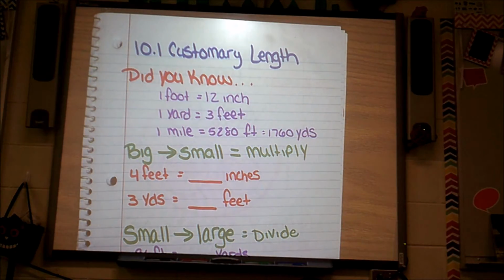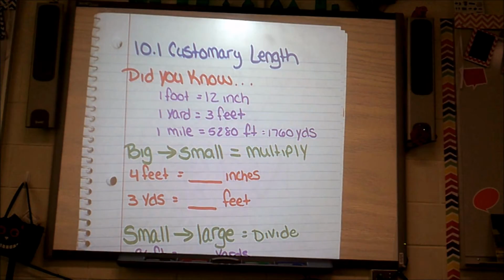In general, we have two forms of measurement. We have something called customary measurements, or customary units, and we have metric units. So in the United States, we use customary units of measurement most often, whether it be feet, inches, miles, yards, whereas in other parts of the world and also in science, they use metric units.